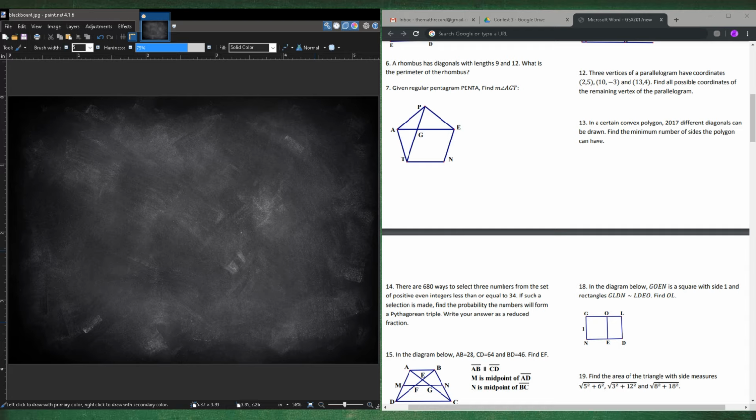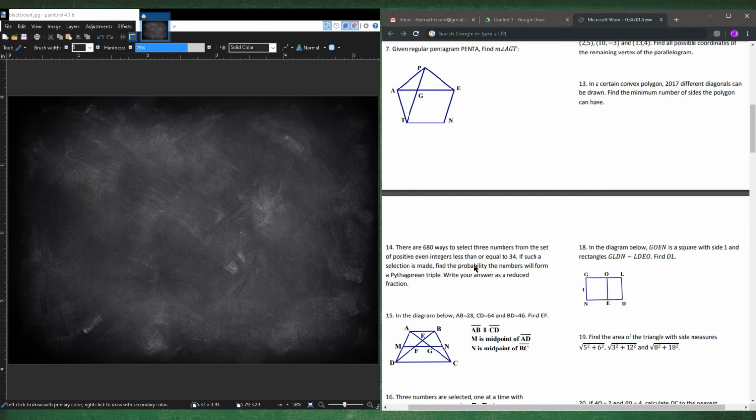Since it's 65, you can't go less than it because then you have less than 2017. So you have to have 66, the integer greater than 65.0 something. So your answer is just 66.